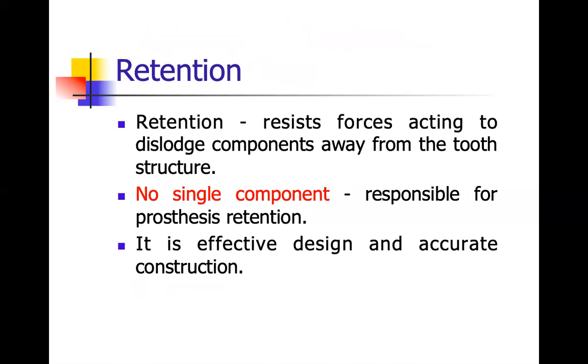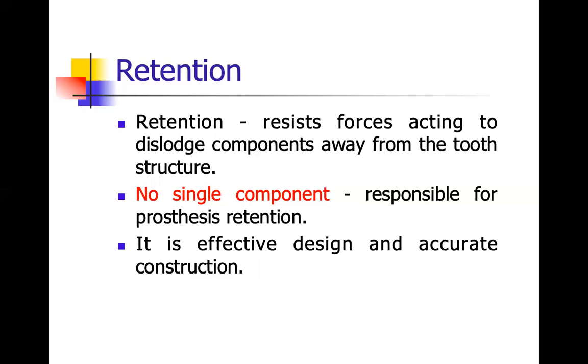Now, retention is the inherent quality of the clasp assembly that resists forces acting to dislodge components away from the tooth structure. No single component of a clasp assembly is solely responsible for prosthesis retention.